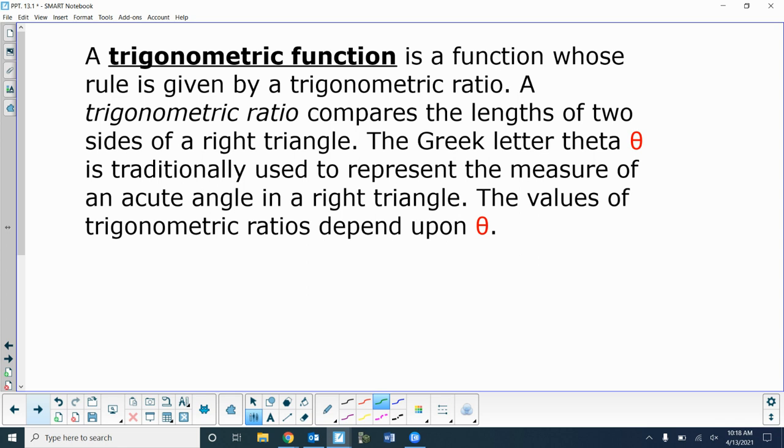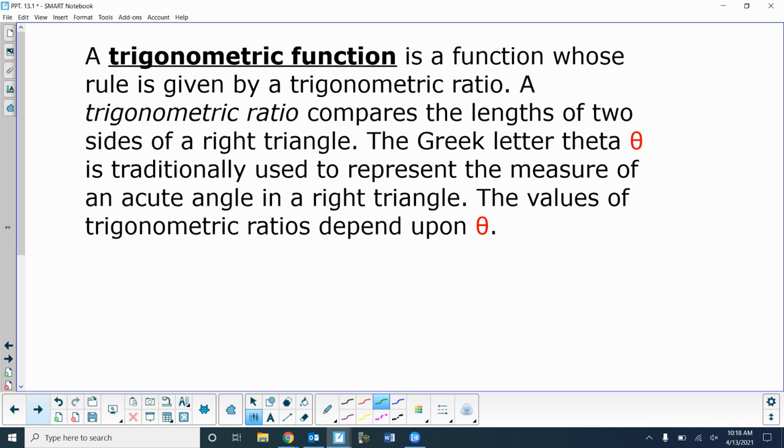The Greek letter theta, it's that circle with the horizontal line through it, is traditionally used to represent the measure of an acute angle in a right triangle. The values of trigonometric ratios depend on theta. So it depends where theta is. Okay?